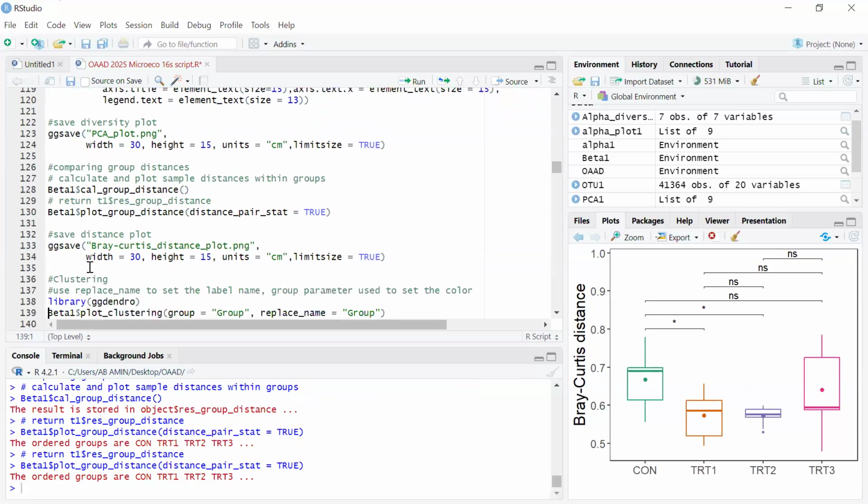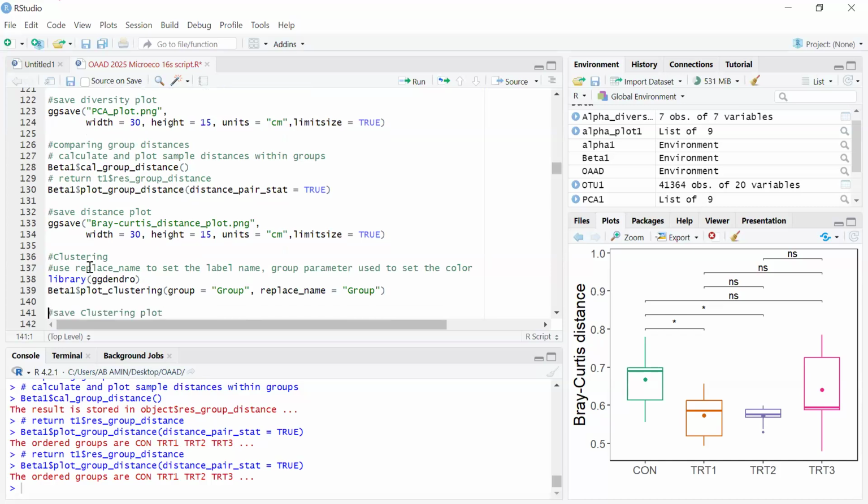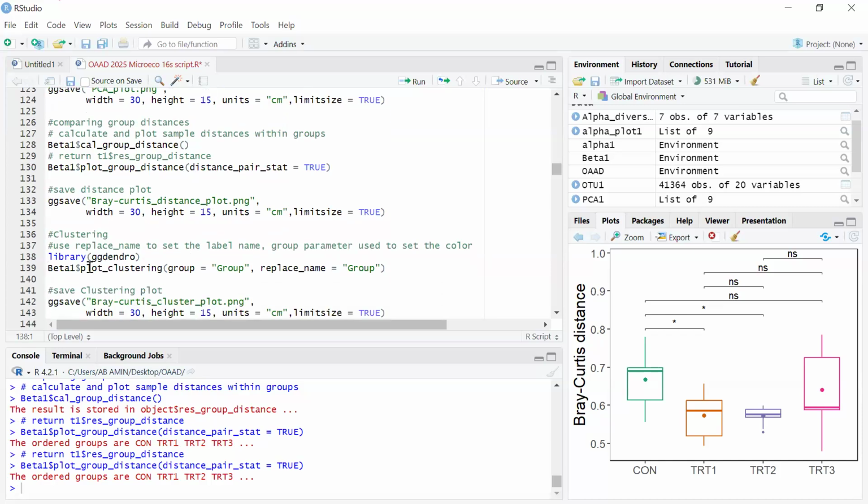Sorry, what line of code gave you that plot? Okay, line 128. Trying to reproduce it. We may want to see the clustering of the samples, because just as I said, the PCoA is an ordination method which is used to show the clustering.